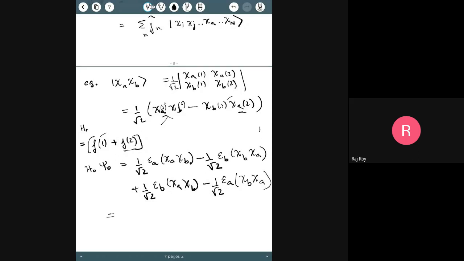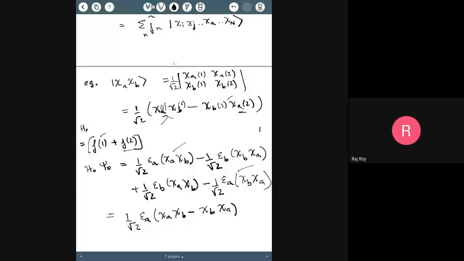So combining this and this, you get 1 by root 2 epsilon A chi A chi B minus chi B chi A. The electron indices I have not written. That is, the first one is the coordinate of 1, the second one is 2. It's always 1 and it's always 2.